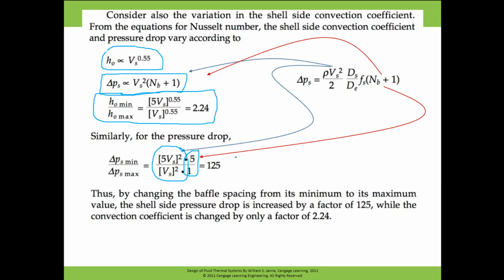When the baffle spacing is reduced by 5, the length of the flow path is increased by 5 times. So this is the factor due to the increase in the number of baffles. Okay, so when you take this ratio it comes out to be 125.